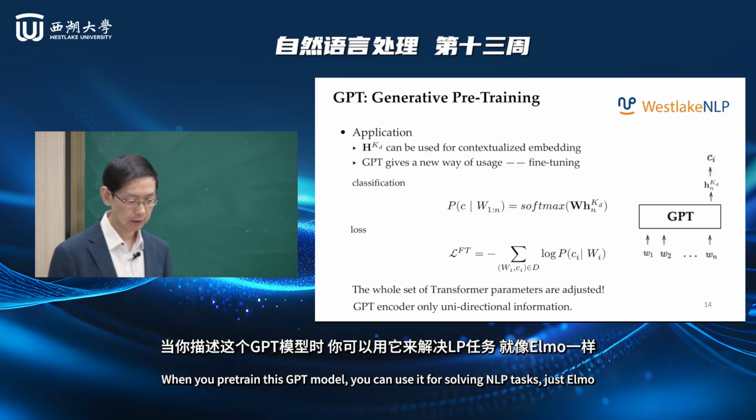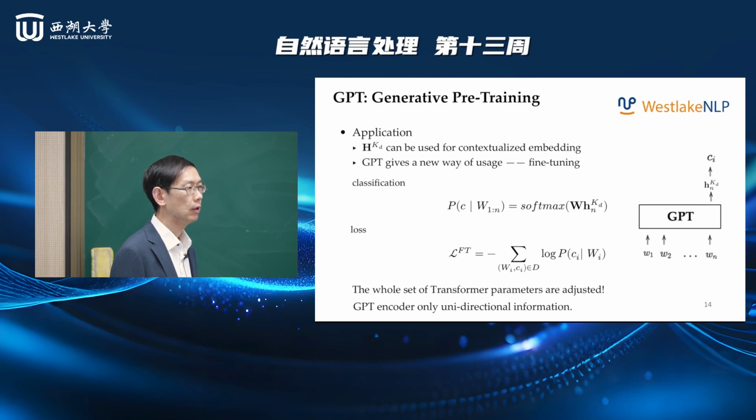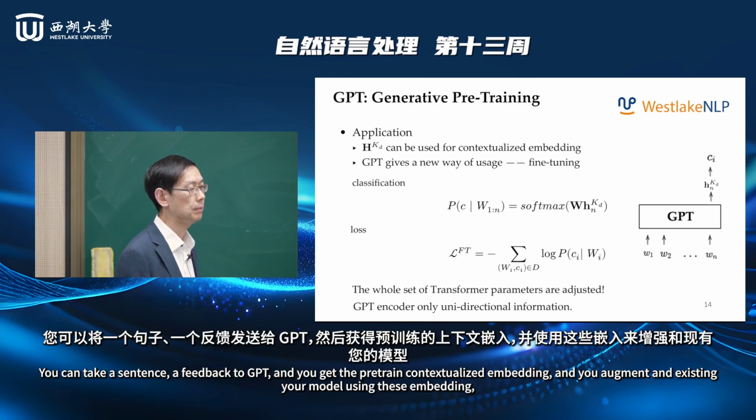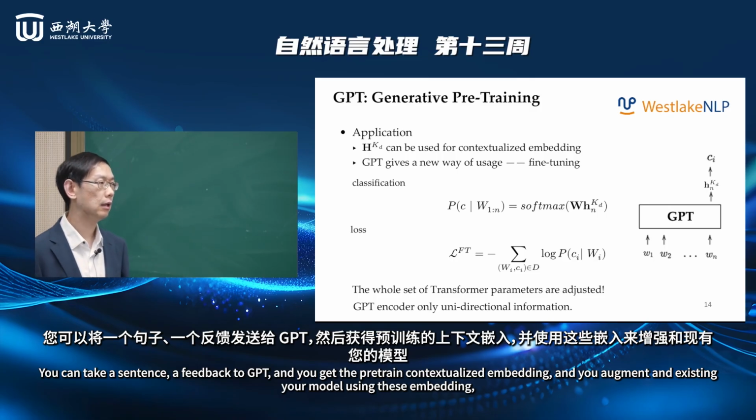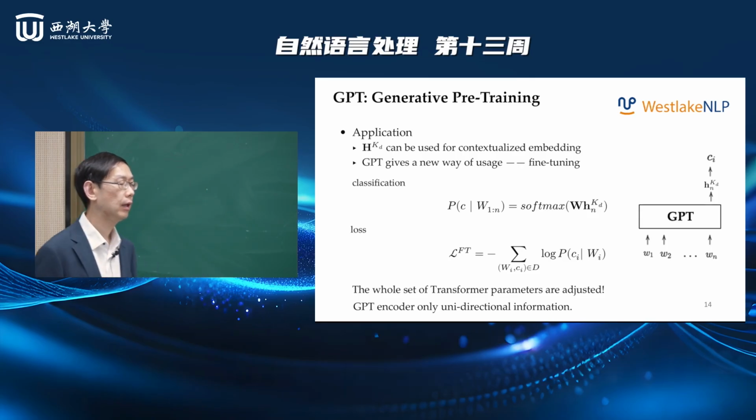When you pre-train this GPT model, you can use it for solving NLP tasks, just like Elmo. You can take a sentence and feed that to GPT, and you get the pre-trained contextualized embeddings, and you augment an existing neural model using these embeddings.